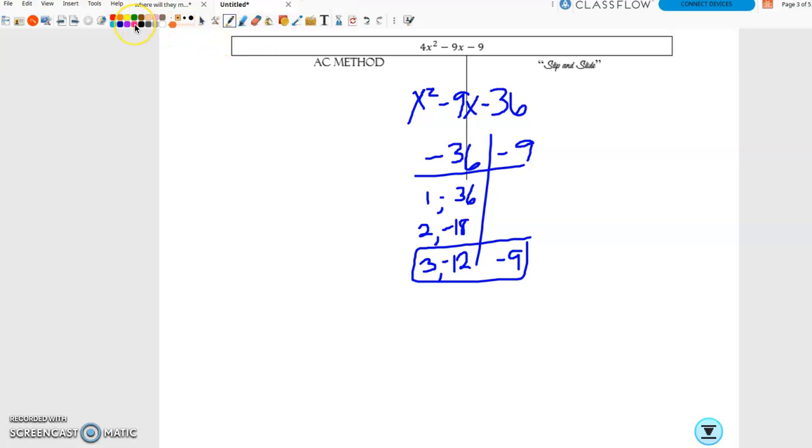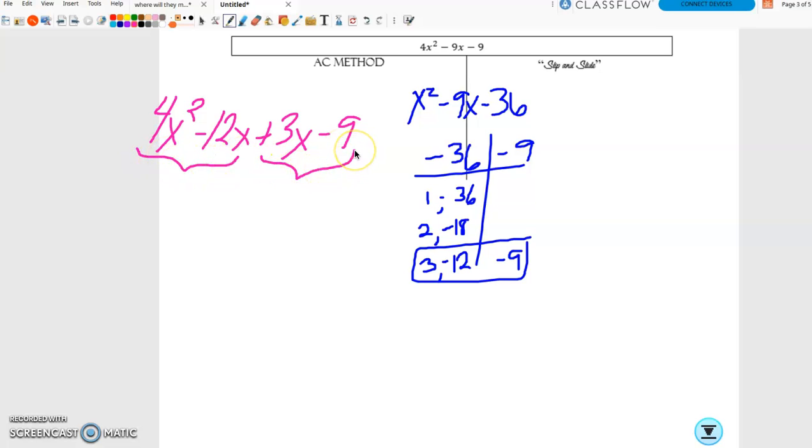What that looks like when you start to do the problem, for AC method, you're going to go back to the original problem. So you'll do the 4x squared minus 12x plus 3x minus 9. You put these first two together, second two together, so you have a 4 and a 12. You can take out a 4, an x and an x squared.